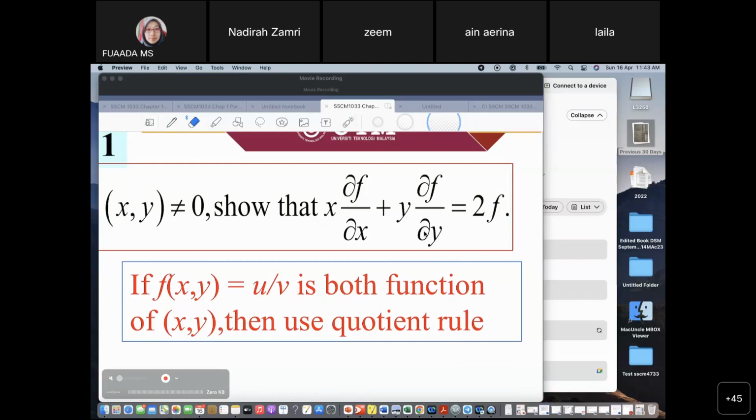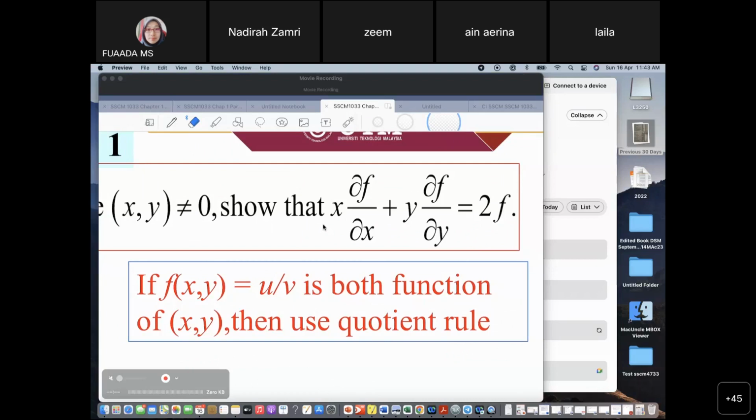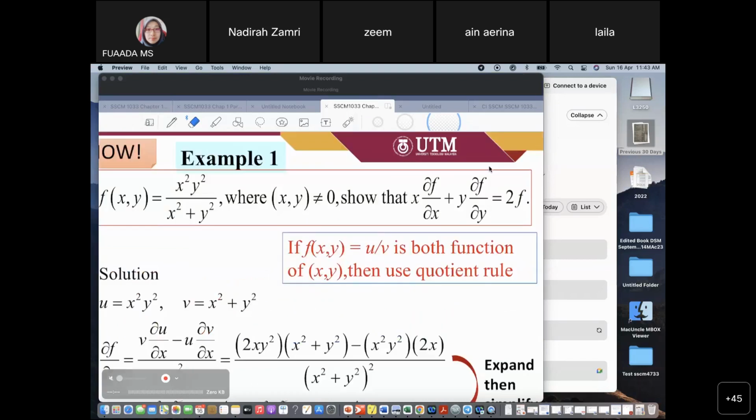Sebab kalau you mula daripada right expression, you have no idea. You just multiply the f given, and then how can you show the partial derivative to the left? So normally for this kind of expression, we try to work from the left side to show the right side.